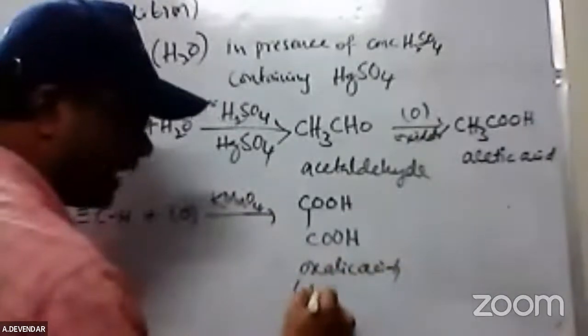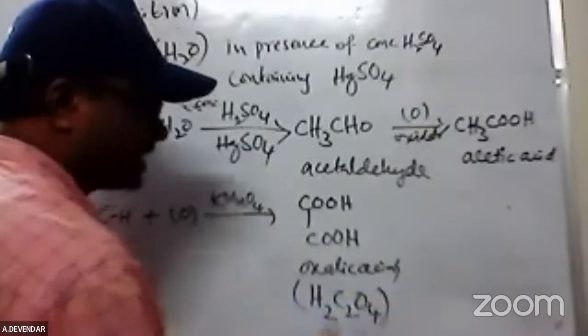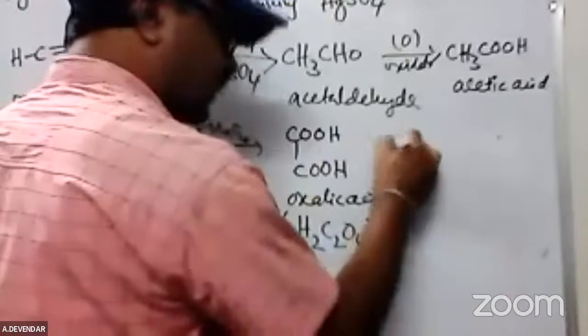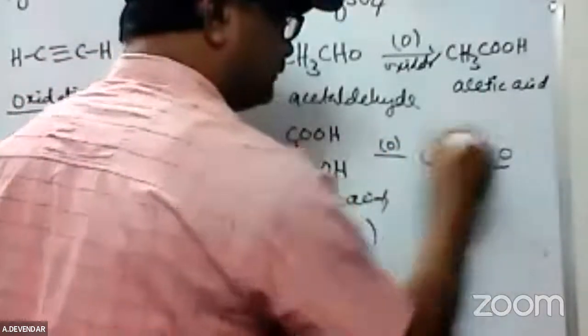The formula is H2C2O4, oxalic acid. In multiple choice questions, they may ask what is the formula of oxalic acid. So H2C2O4 is oxalic acid. This is the structural formula. When this oxalic acid is further oxidized, only carbon dioxide and water are liberated.